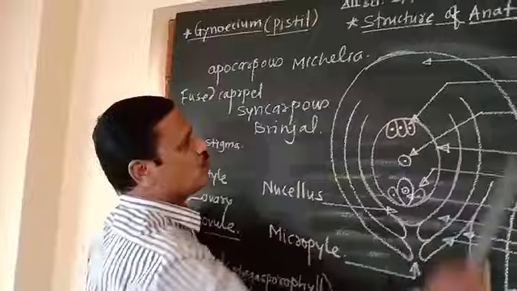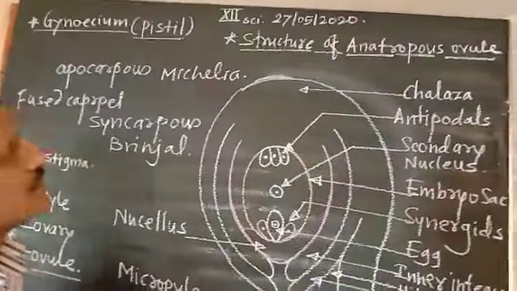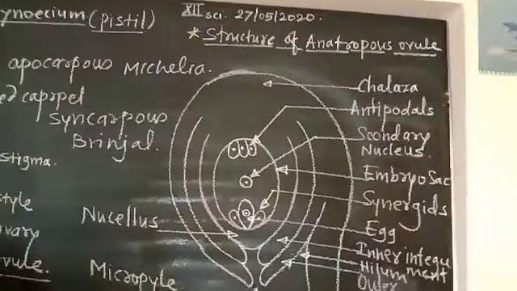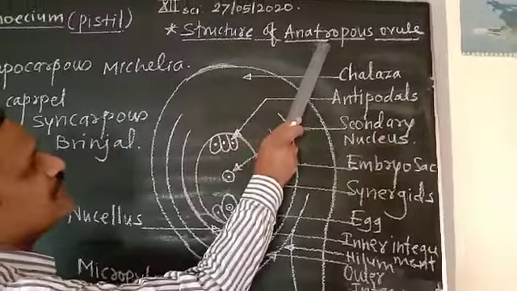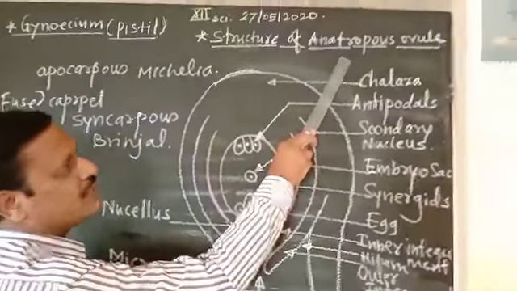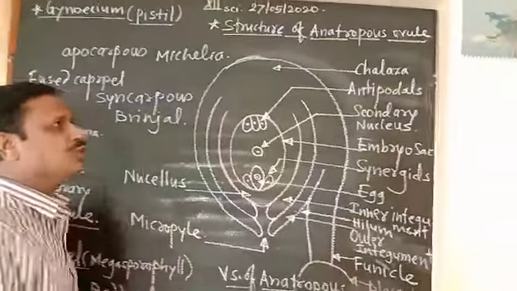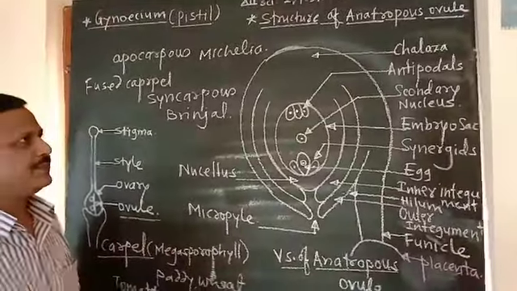Structure of anatropous ovule is a characteristic feature of angiospermic plants.